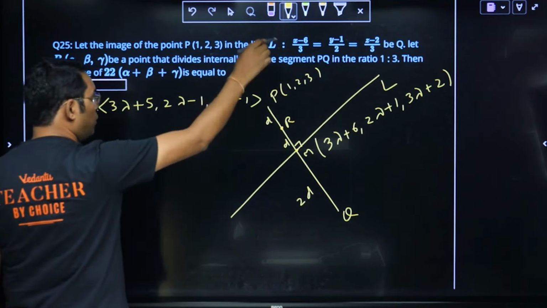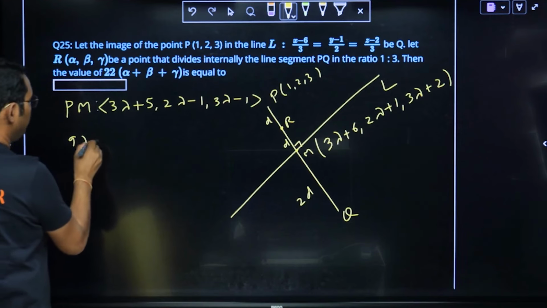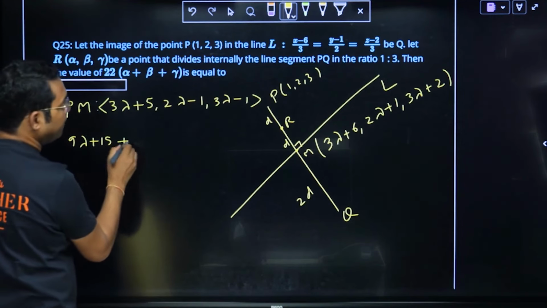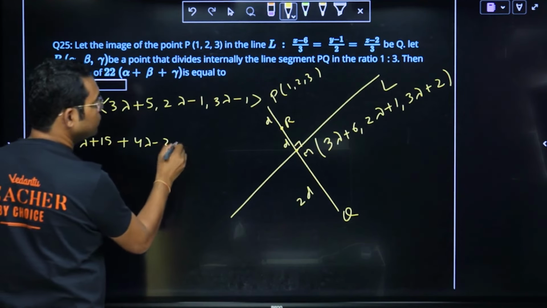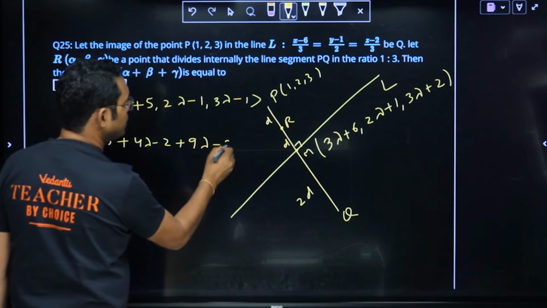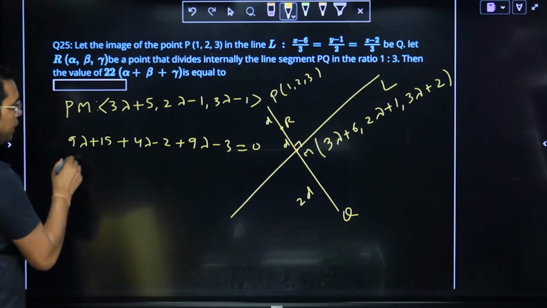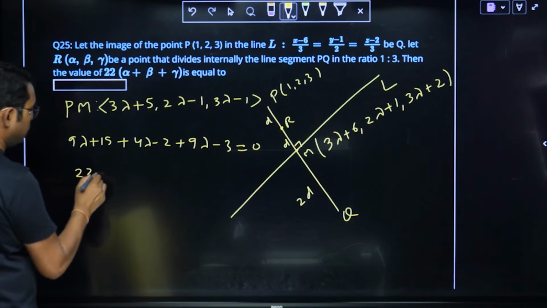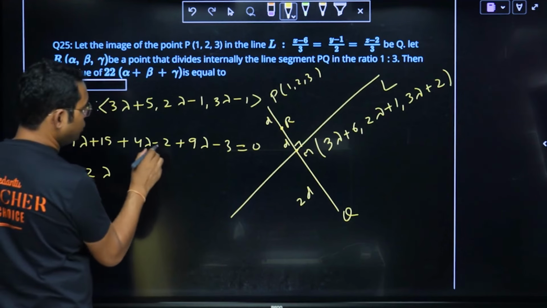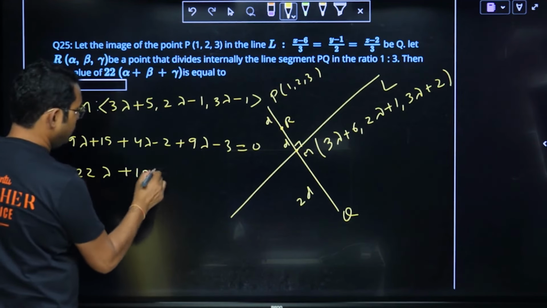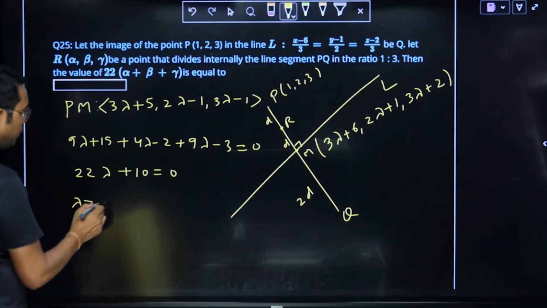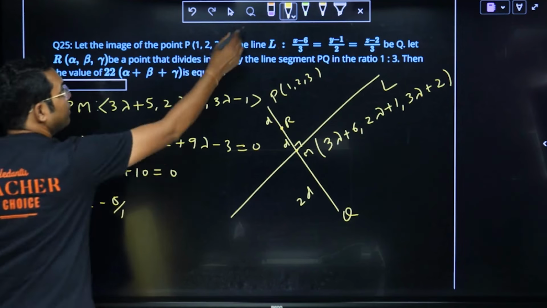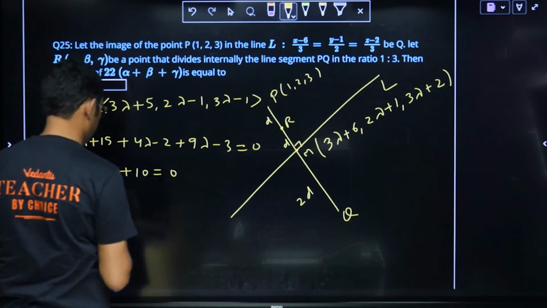So doing the dot product here will give you 9 lambda plus 15 plus 4 lambda minus 2, 9 lambda minus 3 is equal to 0. So 9 plus 4 plus 9, it is 22 lambda, 15 minus 2 minus 3, so plus 10 here is equal to 0, gives you lambda is equal to minus 5 upon 11.